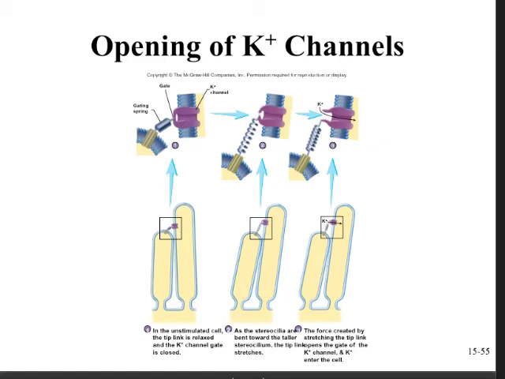The stereocilia are bent towards the taller stereocilia, and this happens because the endolymph is moving, causing the basilar membrane to move up and down, and that's what causes these cells to tilt. The tip link will stretch. The force created by stretching the tip link opens the gate of the potassium channel. In comes the potassium, and this causes a change in the membrane potential, and this is what gets sent back.